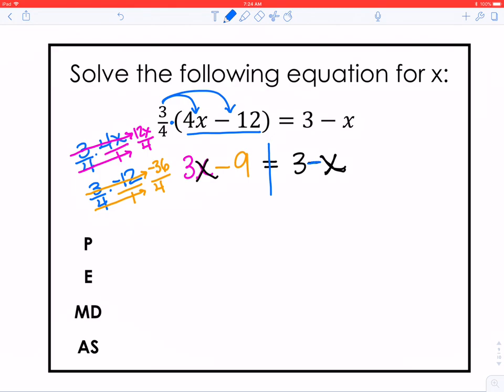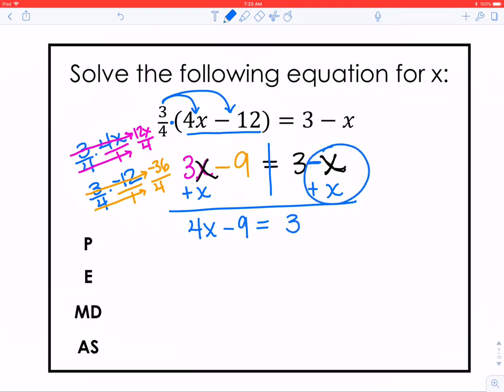Then we have a subtract x. Inverse for subtraction is addition. So add 1x, add 1x. Draw your line and bring it down. Let's update. 3x plus x would be 4x minus 9 equals 3 plus 0. And now we just have one variable.